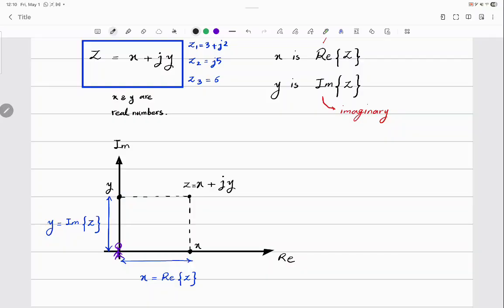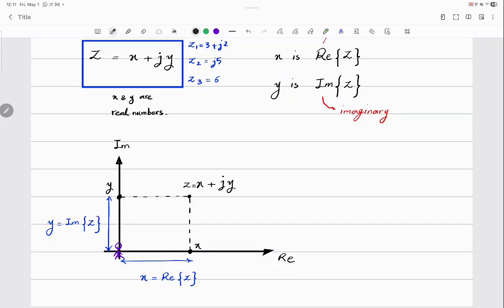First, tell me based on this representation. Remember, I'm standing at the origin, and I can see the real axis and imaginary axis drawn for me on the ground. So how can you direct me to move from origin to z? Forward x, left y.